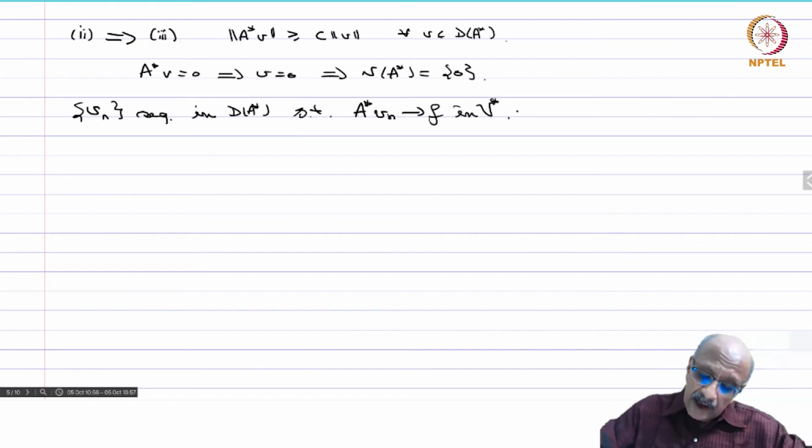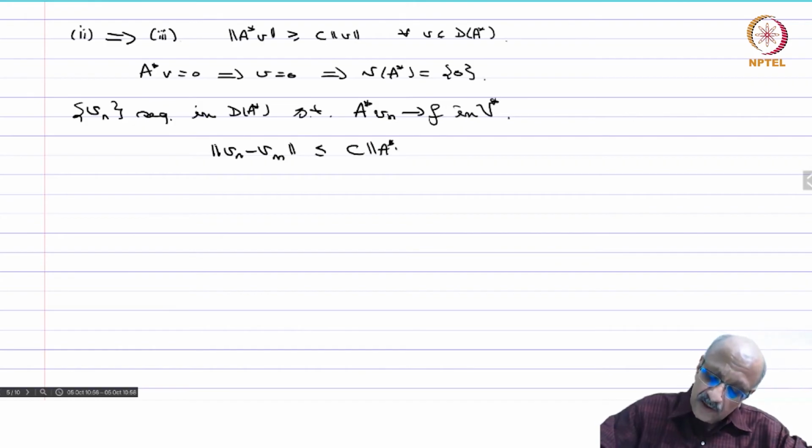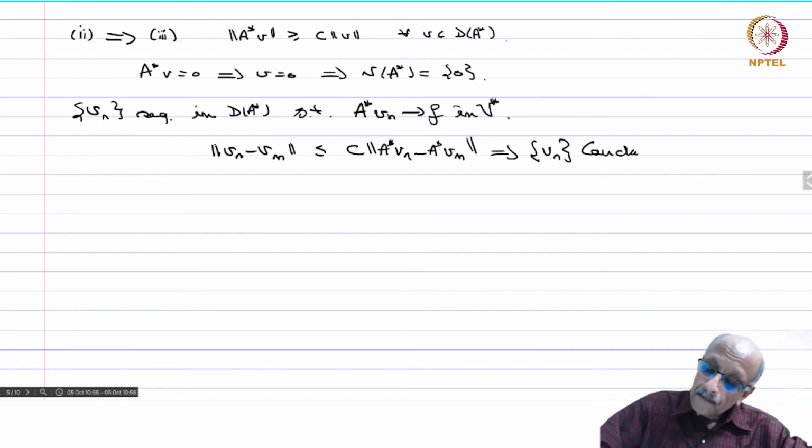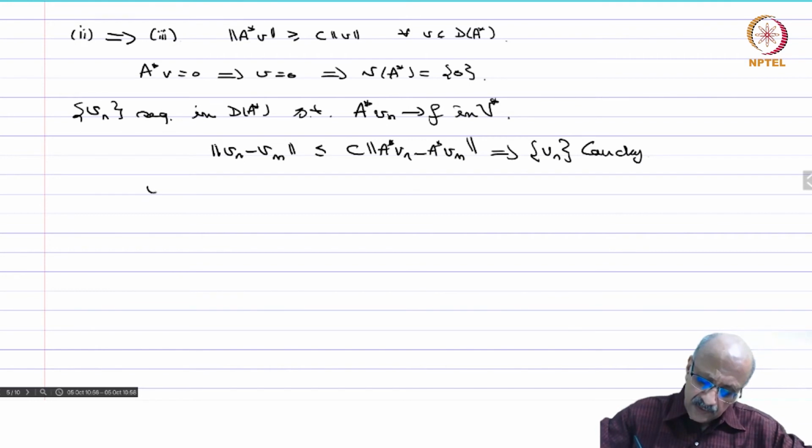A star Vn goes to F in V star. Then again by the boundedness below we have norm Vn minus Vm is less than or equal to C times norm A star Vn minus A star Vm. This is Cauchy, so Vn is Cauchy. We are in the Banach space, so Vn converges to some V, A star Vn converges to some F, and therefore A star is closed.